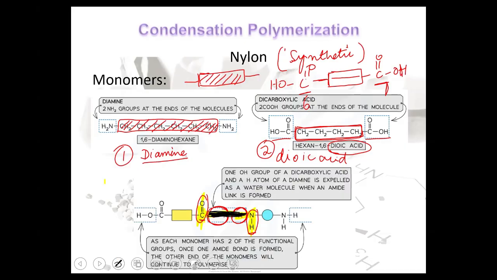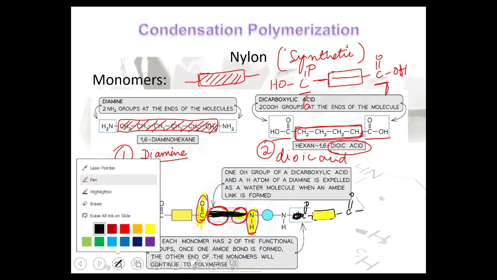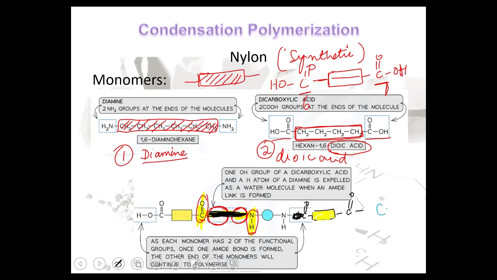Now, if I bring another unit besides this amine, if I bring another carboxylic acid with the same dioic on either side, so its OH is gone with this H, and this side its OH will also go. So I am not making it already. I'm just making the next unit of amine which is coming.